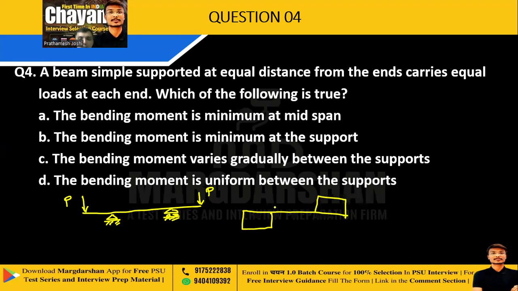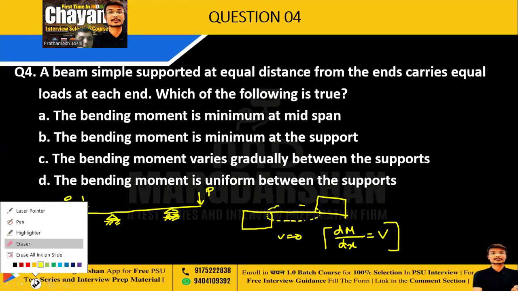So now see, between the two supports the shear force is 0, and we know dM by dx is equal to V, right? dM by dx equals V.